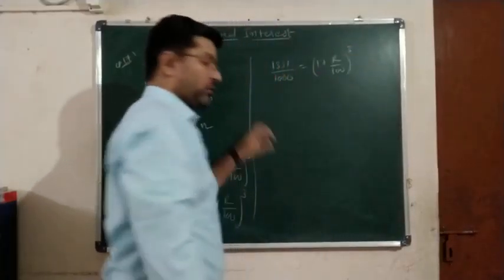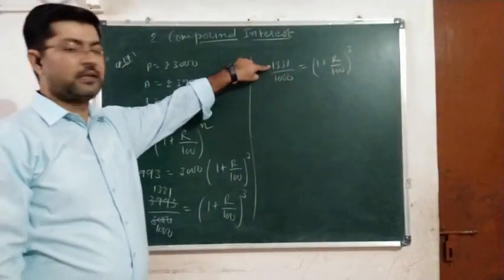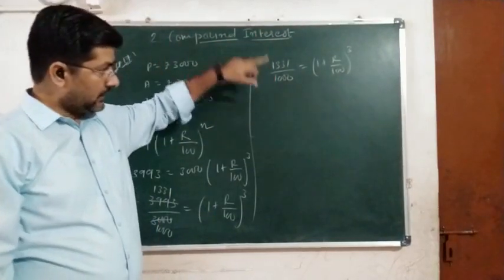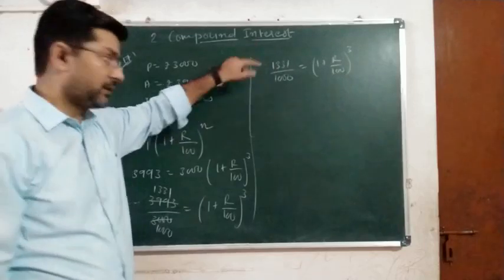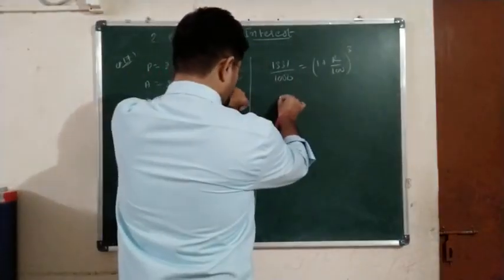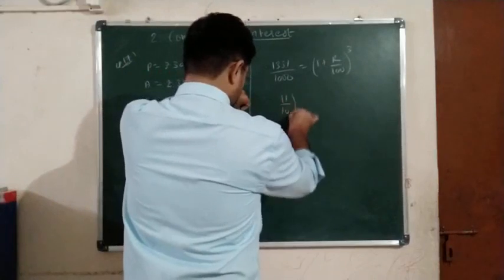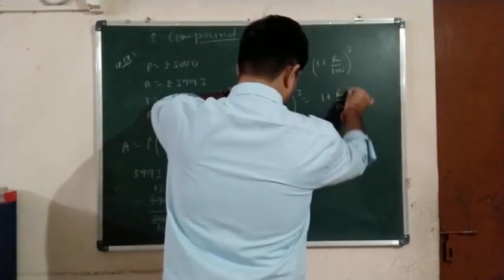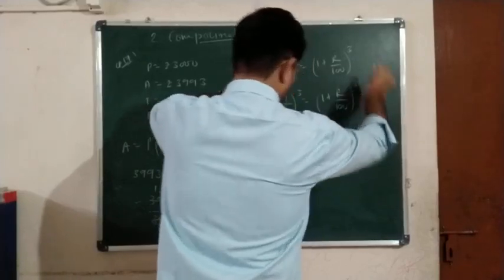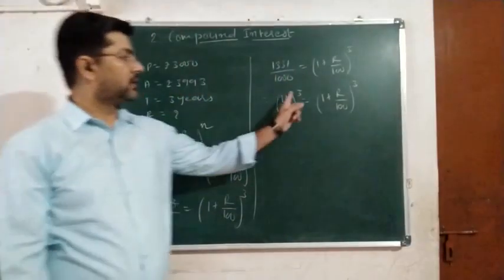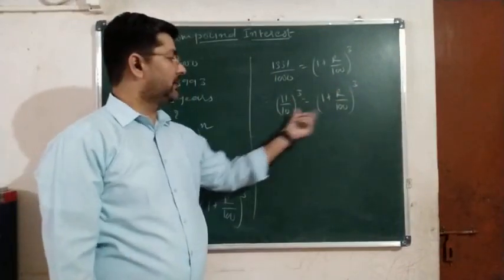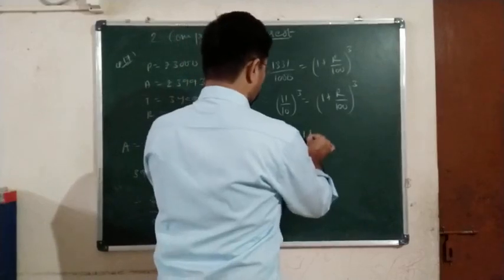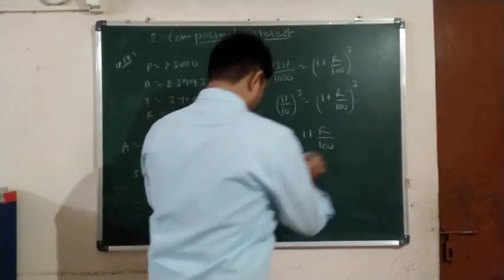Now you will notice that 1331 can be written as 11 raised to 3, and 1000 can be written as 10 raised to 3. So the ratio can be written as 11 upon 10 whole raised to 3 is equal to 1 plus r upon 100. Here again, since the power on both sides is equal, we can equate the base, and therefore 11 upon 10 is equal to 1 plus r upon 100.